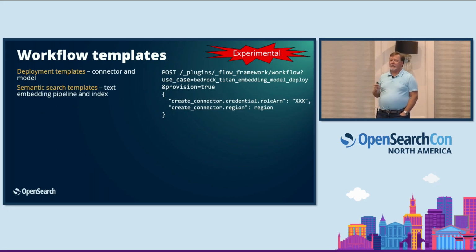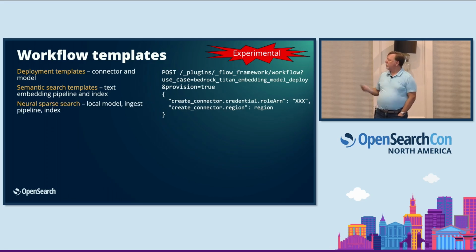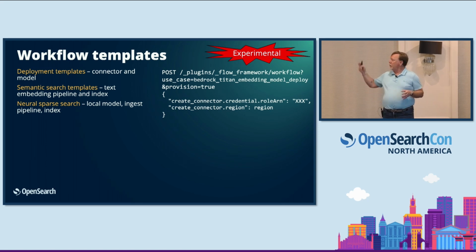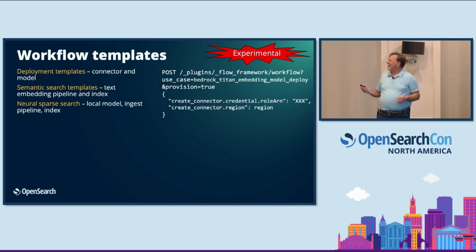We also have semantic search templates. These provide a text embedding and pipeline and an index. Neural sparse, if you want to engage with a sparse model, this will bring a local model, an ingest pipeline, and an index together for you.